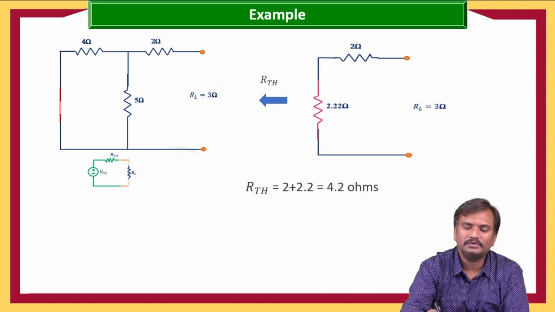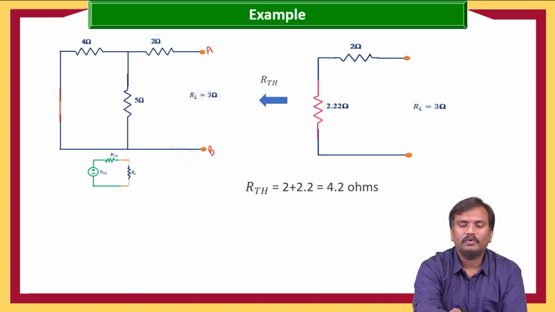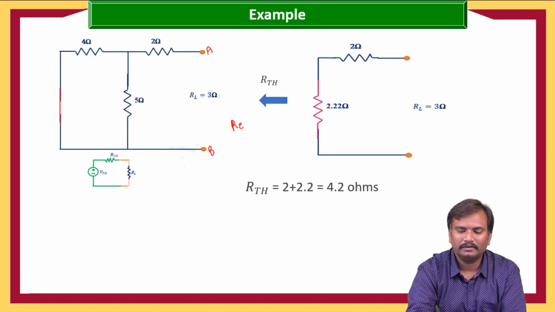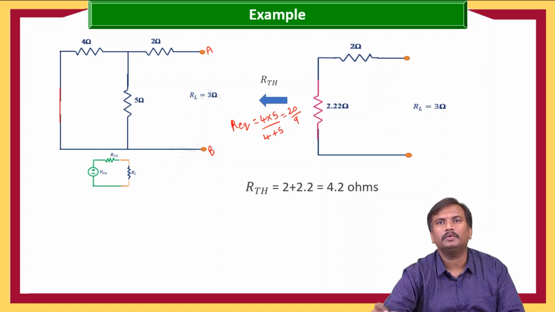When you see between these two terminals, the 4 ohms and 5 ohms are connected in parallel, and the parallel equivalent resistance R equivalent is equal to 4 into 5 by 4 plus 5, that is equal to 20 by 9, which gives the value as 2.22 ohms.